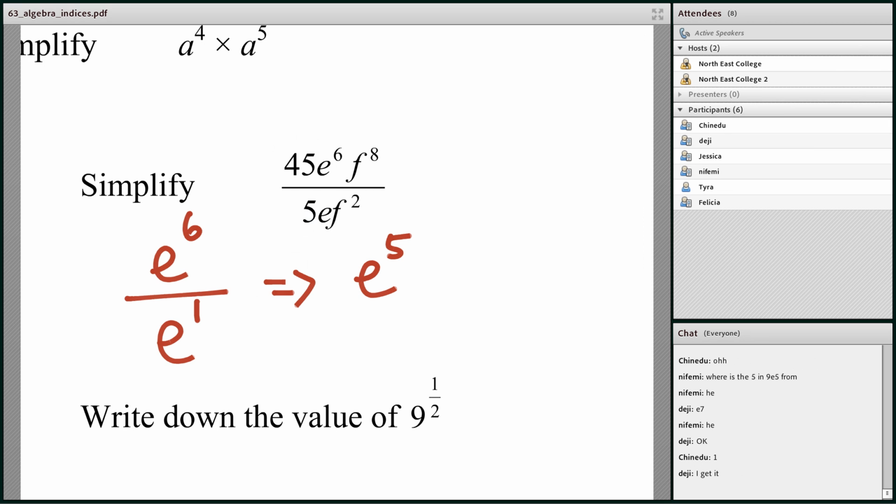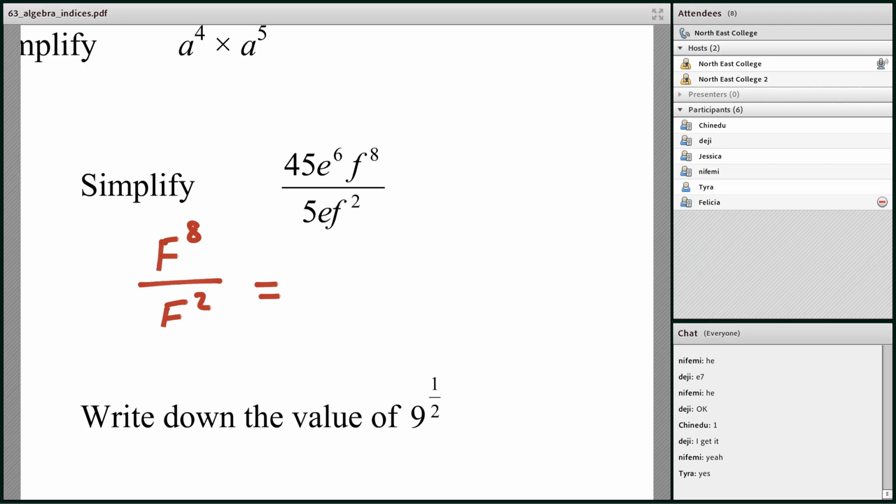And then likewise, if you've got y to the power of 3, and you're going to multiply that by a y, can you see that? That's going to make that y to the power of 4.